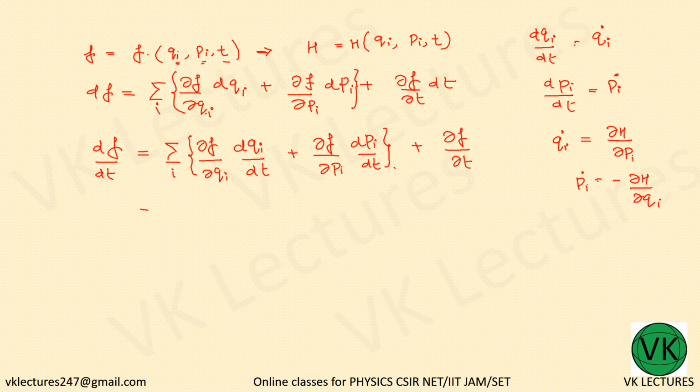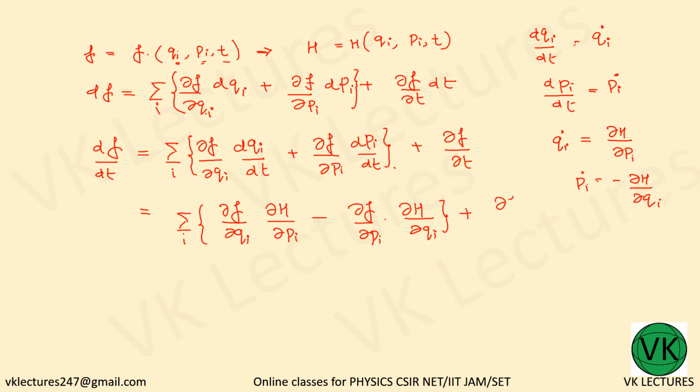Now this becomes the sum over i of ∂f/∂qi times ∂H/∂pi, minus, that is because of this minus here, ∂f/∂pi times ∂H/∂qi, plus ∂f/∂t. Now that is equal to df/dt.